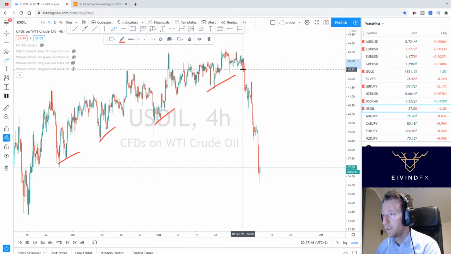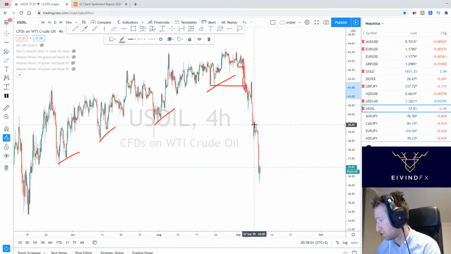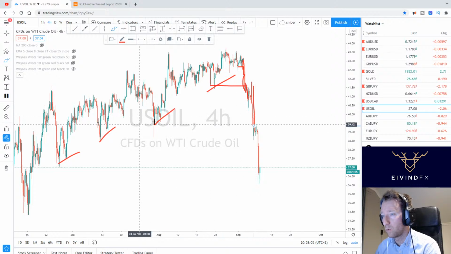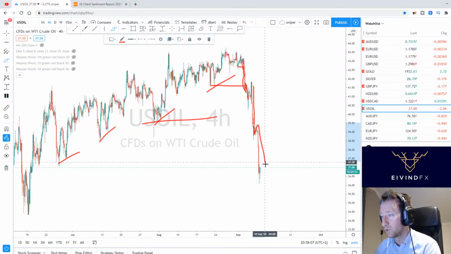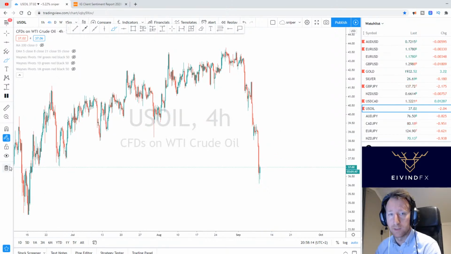It broke here, first support. It broke here, the second support, and it broke here, definite support. And then it opened up, and it just continued to fall. So there's no real technical analysis about this. It's just behavior.